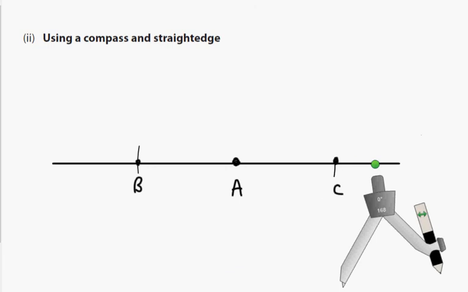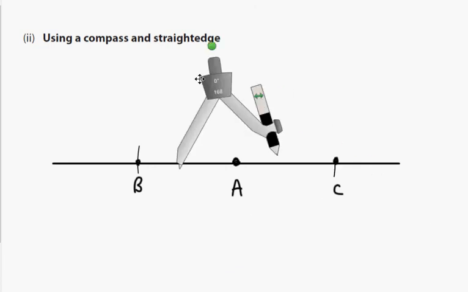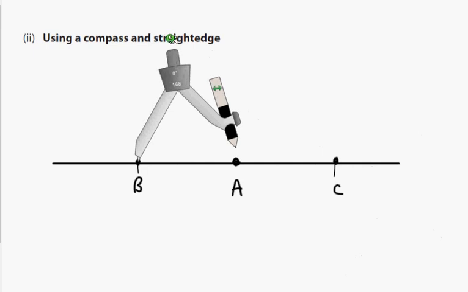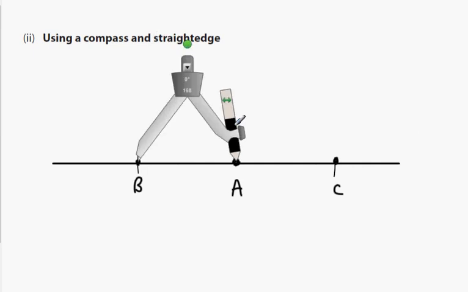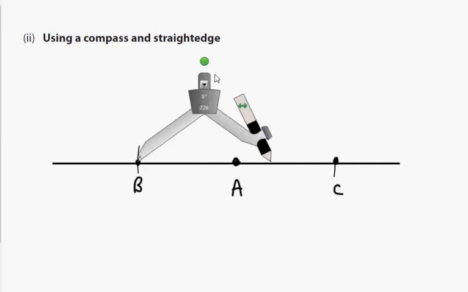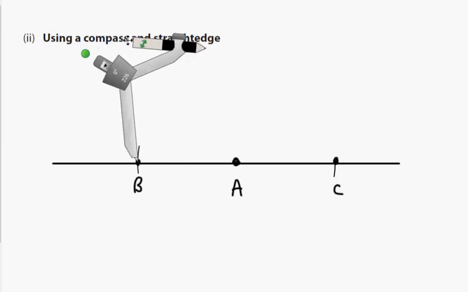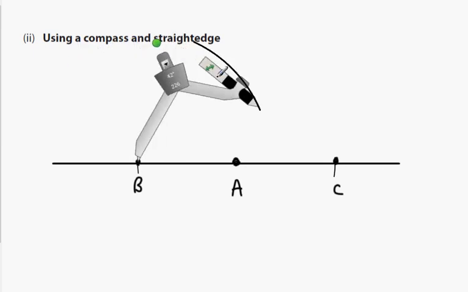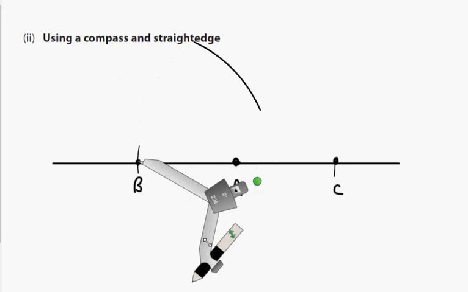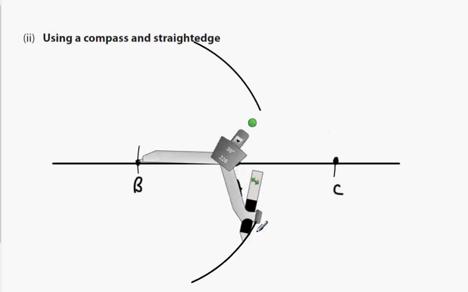So let's remember the technique from earlier. The technique is pick a distance over halfway. That's not halfway. There's a bigger distance than halfway. Cut the top. Cut the bottom, as in make a mark on the bottom.